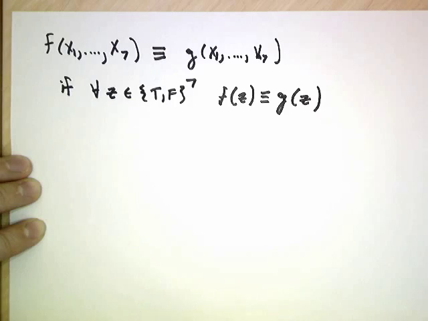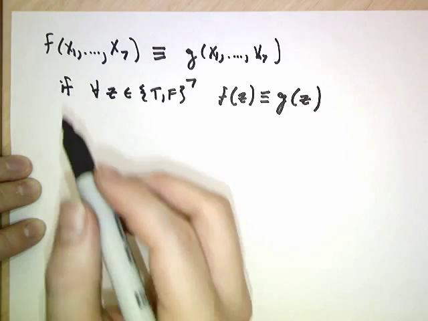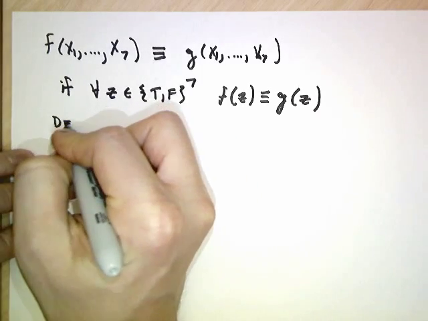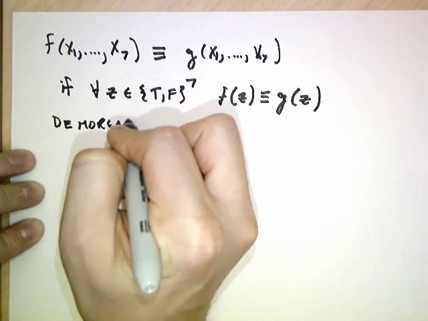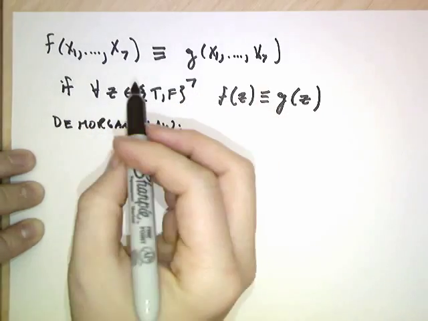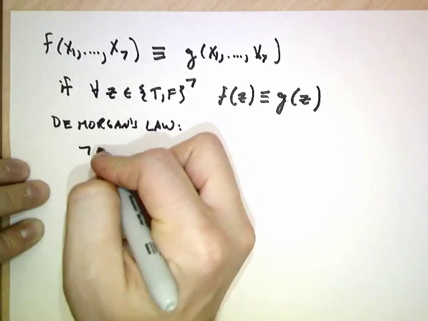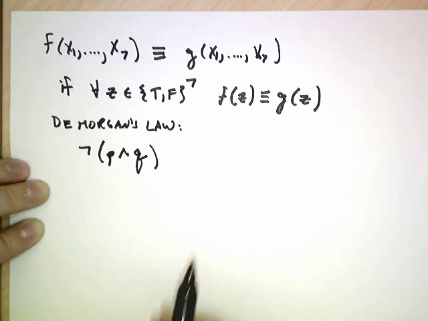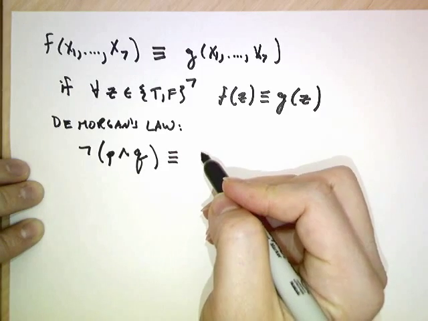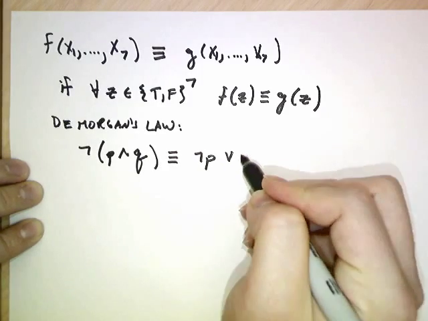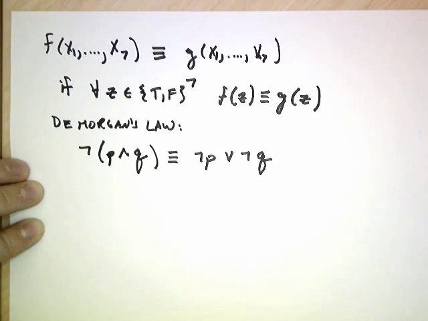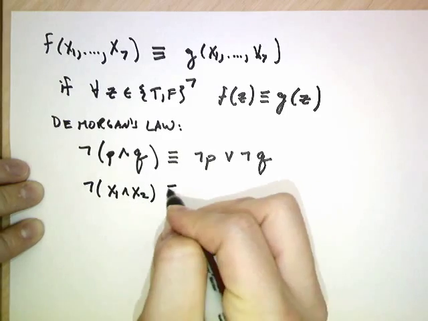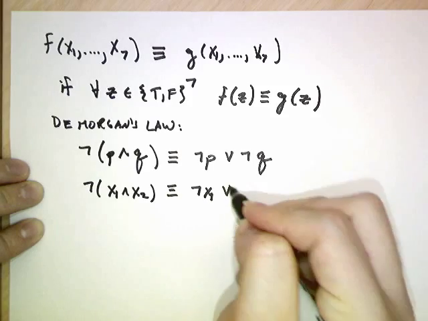Here are some other equivalences that are important and you may encounter. The first one is De Morgan's law. This states that the negation of P and Q, where P and Q are formulas, is equivalent to not P or not Q. So for example, not (x1 and x2) is equivalent to the formula not x1 or not x2.